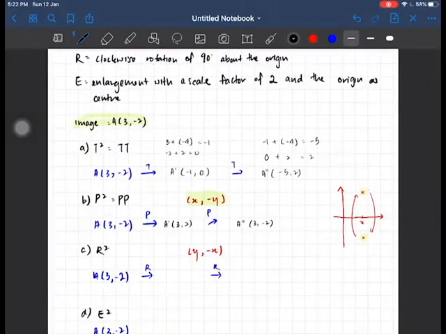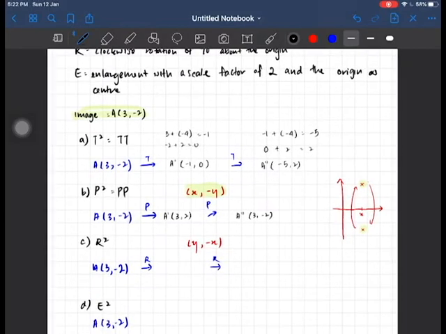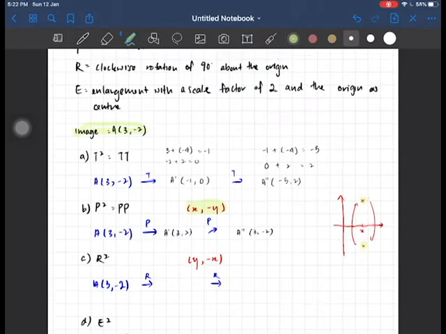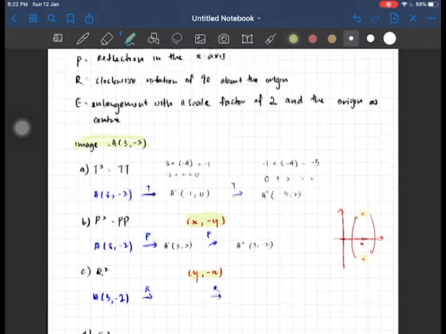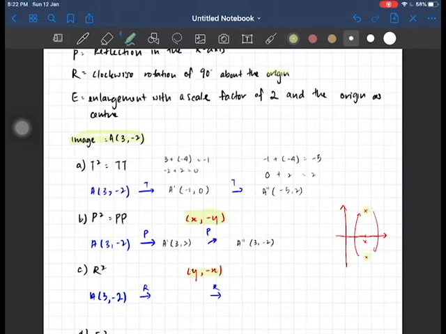Alright, so we go to R. What's R? Clockwise rotation of 90 degrees about the origin. So for rotation, it's better that you draw it out, but if you do not have the time, it's good that you memorize this, but I don't think the exam questions will give you the center of rotation at the origin, because this formula is mostly for the origin, right?